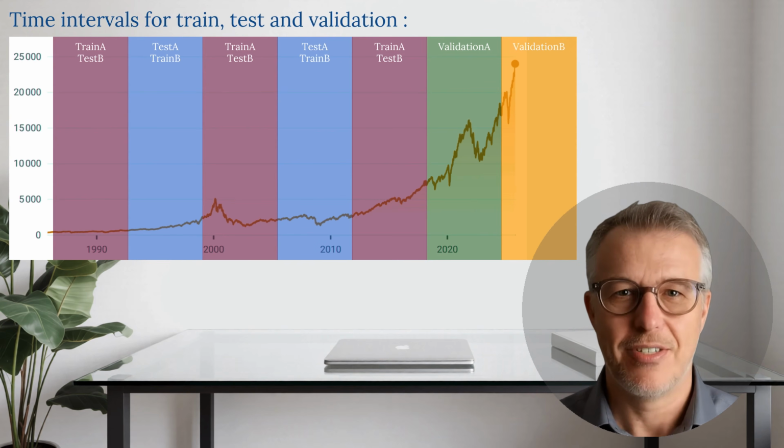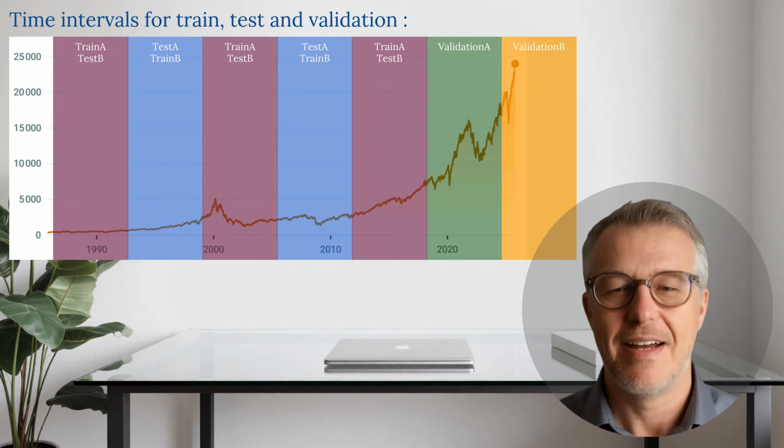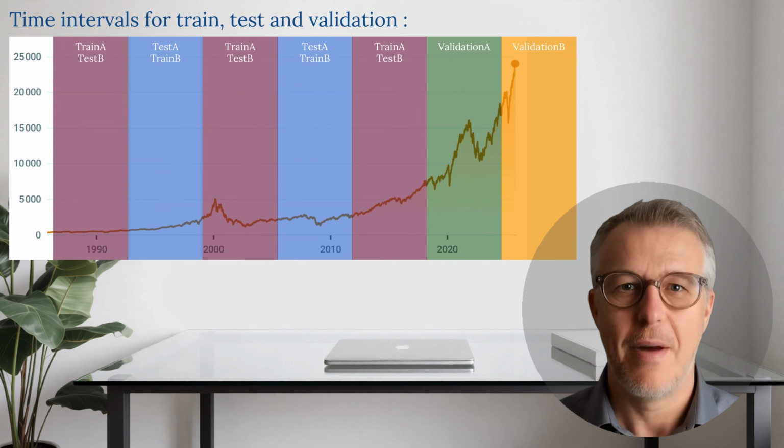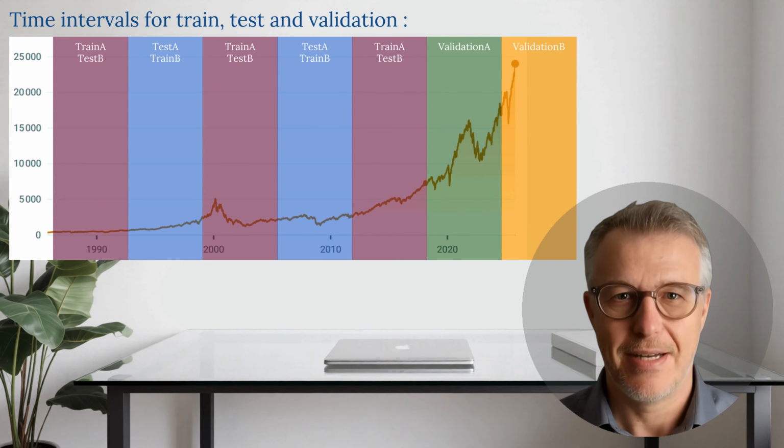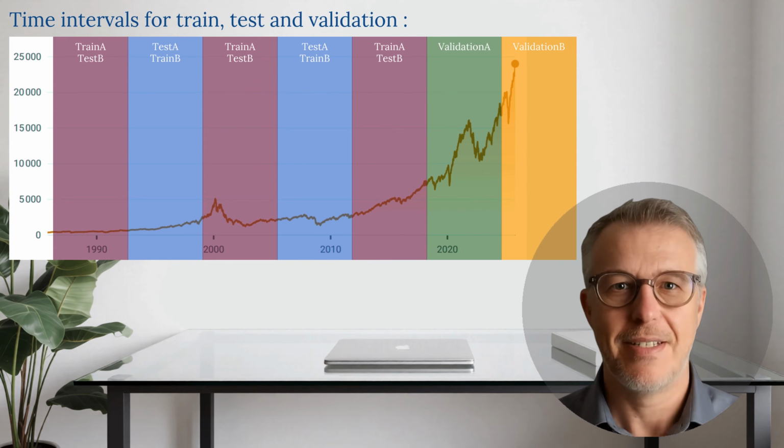One possible solution is to train two models, A and B, each trained, tested, and validated on opposite time intervals. This allows us to run a full backtest using only the test and validation probabilities without any discontinuity. An additional advantage of this approach is that it effectively doubles the number of test situations, providing a broader and more reliable evaluation.